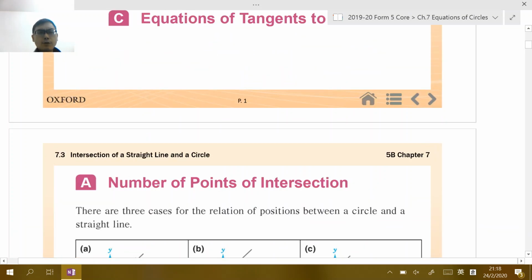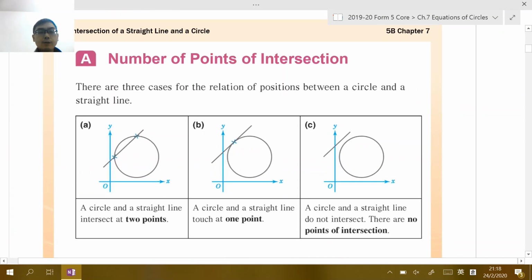You know that for a circle and a straight line, circle is in quadratic form, x squared together with y squared. So for a square equation, when it is combined with a straight line, which is only degree 1, the combined equation should still be in degree 2, quadratic. For a quadratic equation, you have only two solutions.